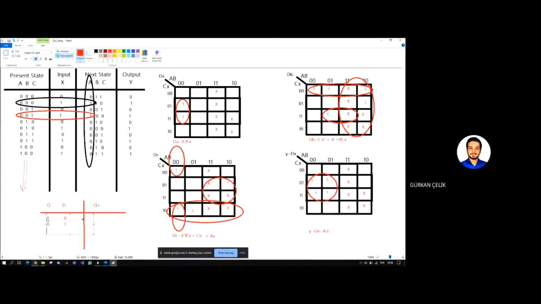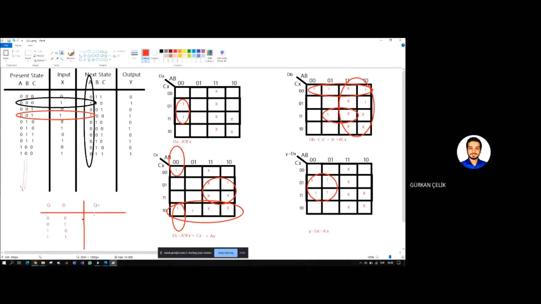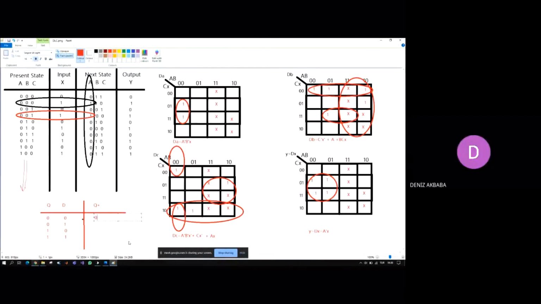Excitation table'ı kullanmadan niye direkt next state'i karnoya aktardım, onu anlatıyorum şu an. Sırf oturması için anlatıyorum bunu. 1, 1. Şimdi burada bu next state ne oluyor arkadaşlar? 0-1-0-1 şeklinde oluyor.